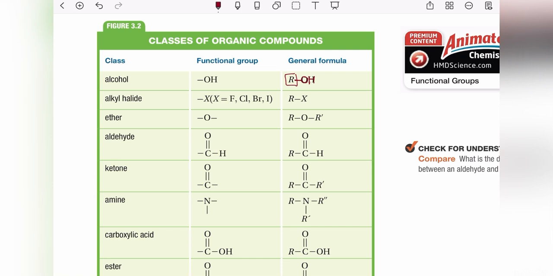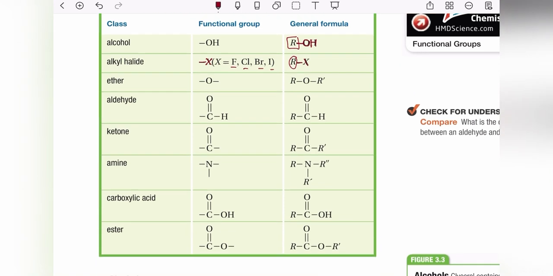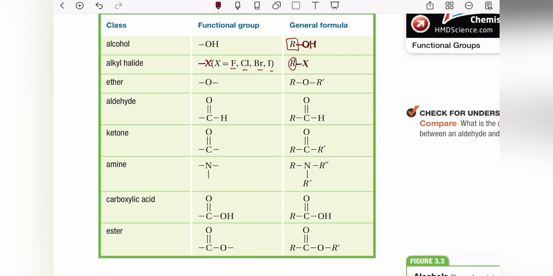Then alkyl halide will have a molecule, and then one of the halogens will be attached to the end. So X stands for one of the halogens. And then ether means there will be an oxygen atom in the middle of the compound.